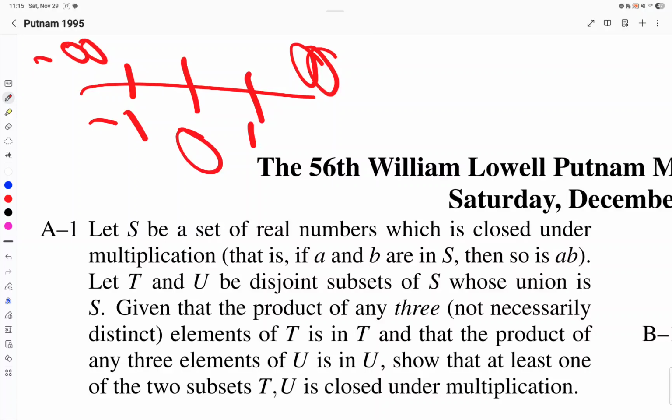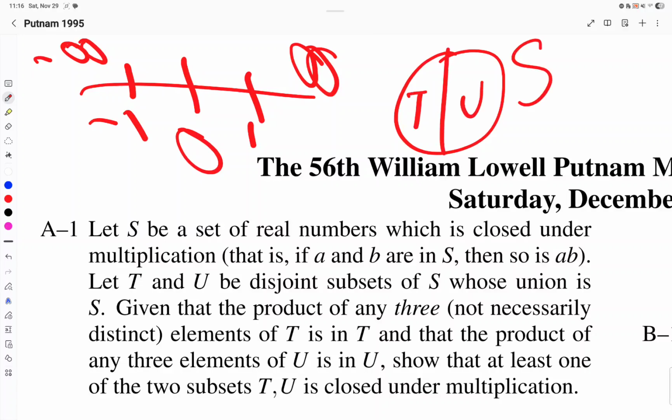So let T and U be disjoint subsets of S. Well, that means, I'll write that down here, this is S, T, and U. So T and U share no elements. So imagine two different intervals, basically, like maybe 0 to infinity, and then 0 to negative infinity. So two different intervals. And I didn't mention what sets are, subsets. They're just a collection of objects, okay?